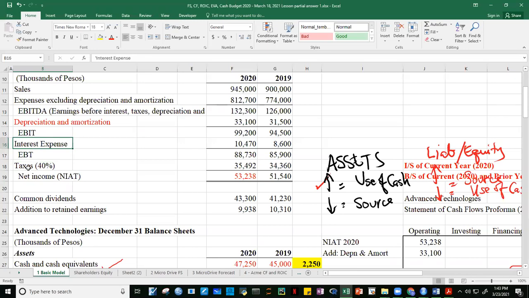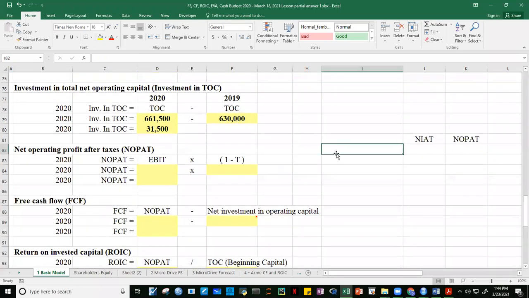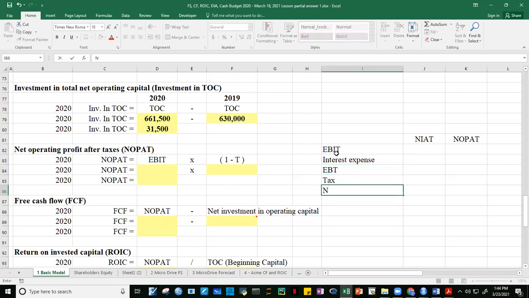Then we subtract the tax in order to come up with the net income after tax. So we're familiar with this. So let's reproduce that here. Your EBIT, and then your interest. So this will be your earnings before tax. Then your tax. This is your net income after tax.